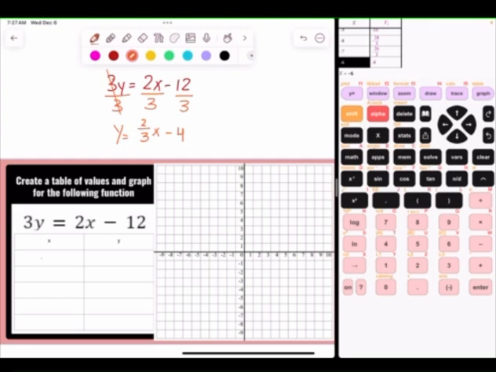Negative 6, negative 8, that looks good to me. Let's see what else is not a fraction. Negative 3, negative 6. Then 0, negative 4. 3, negative 2. And lastly, 6, 0.